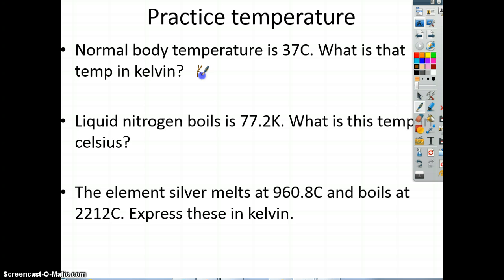As always, you write down the formula. The formula should be written down on your paper. The C stands for Celsius. You need your label.